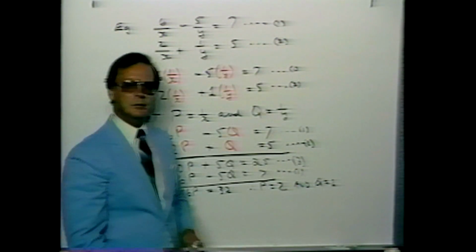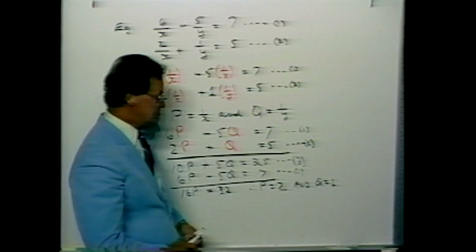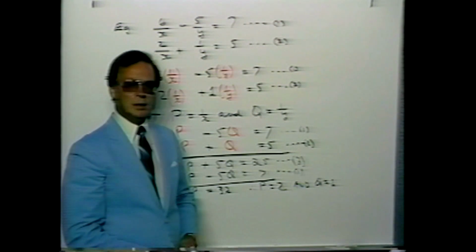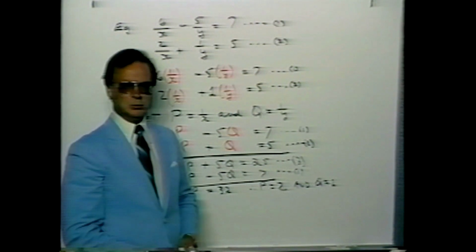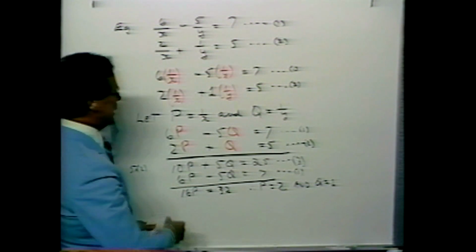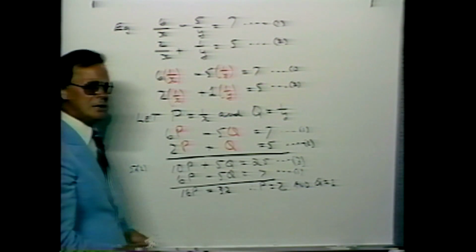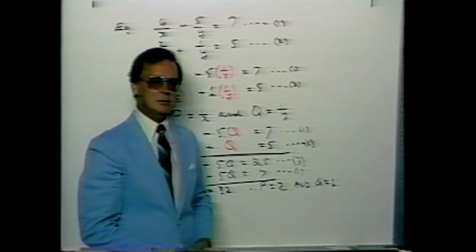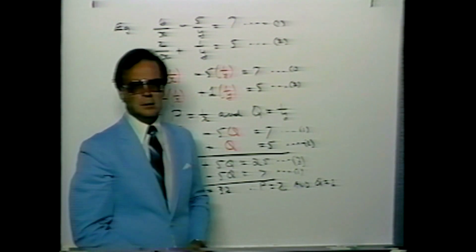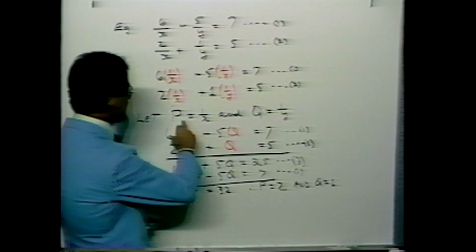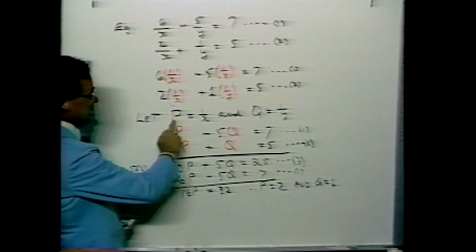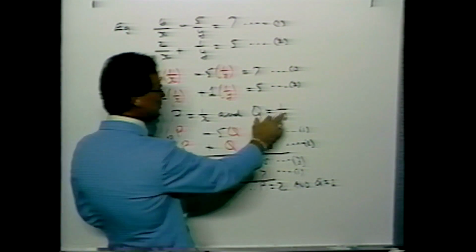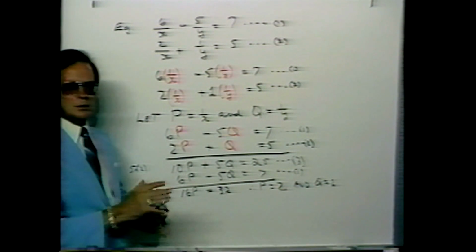I have now solved the linear system. p is 2, q is 1. But how does that solve the nonlinear one? Well, you go back to the original statement where you made the transformation from one system to the other, where we let p equal 1 over x and q equal 1 over y.